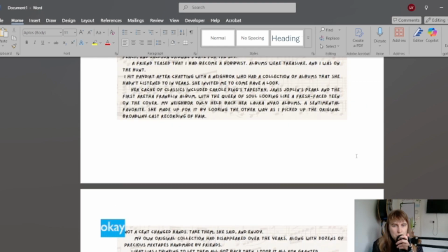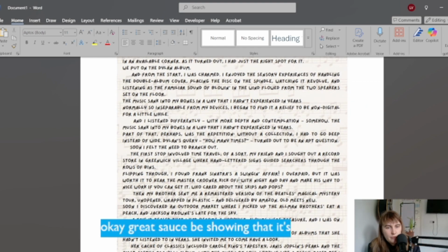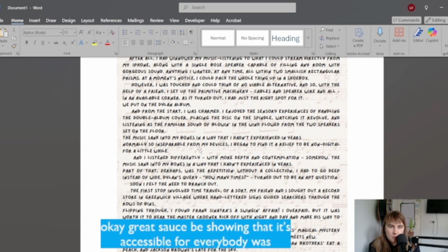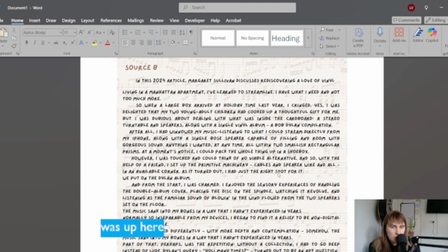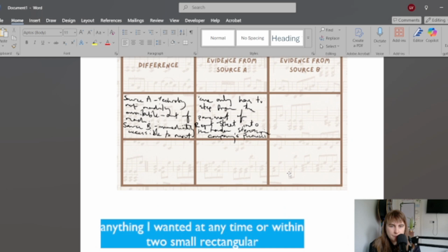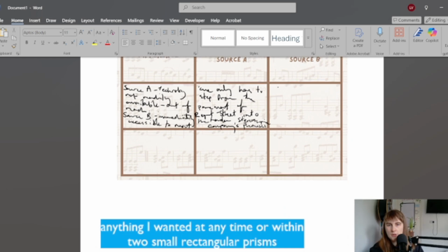Okay, great. Source B showing that it's accessible for everybody was up here somewhere. "Anything I wanted at any time, all within two smallish rectangular prisms." There we go.